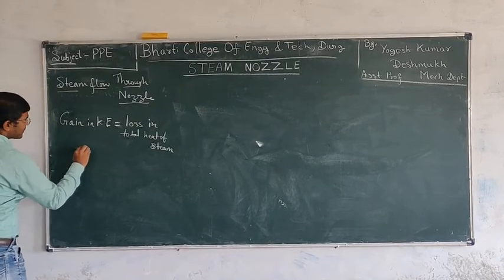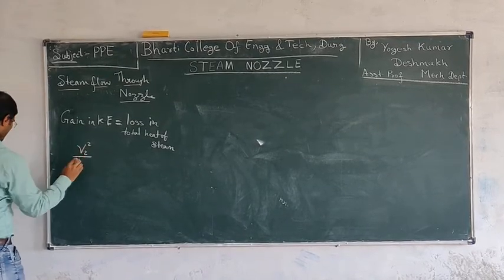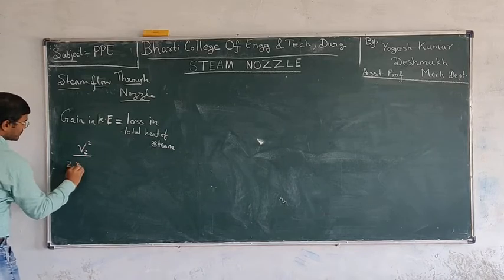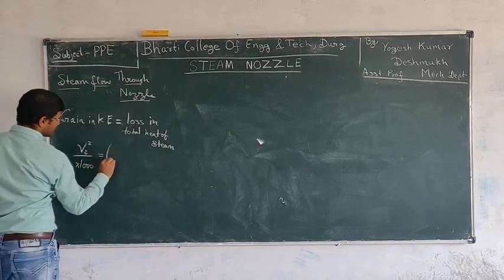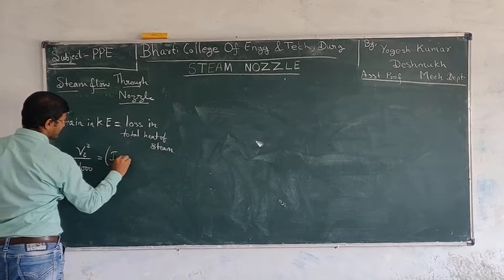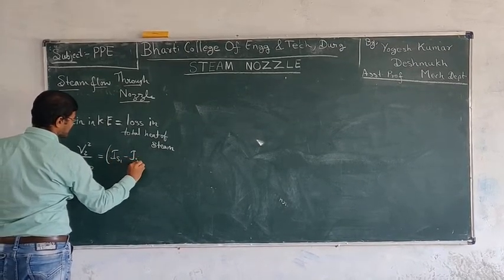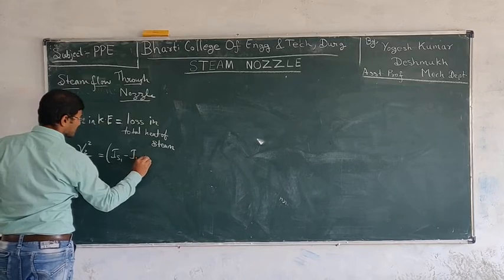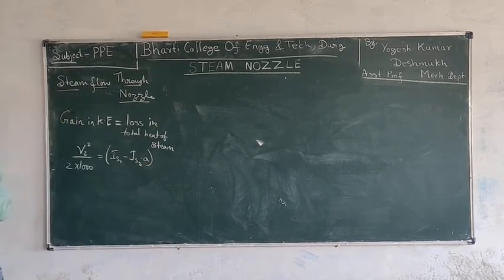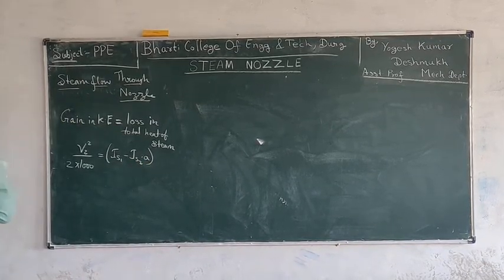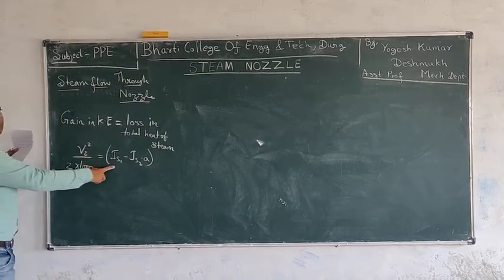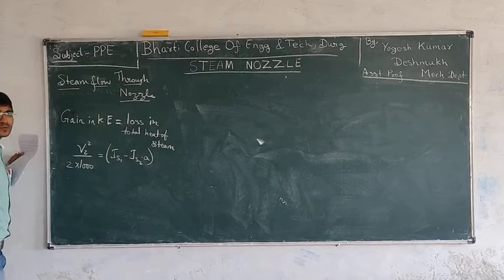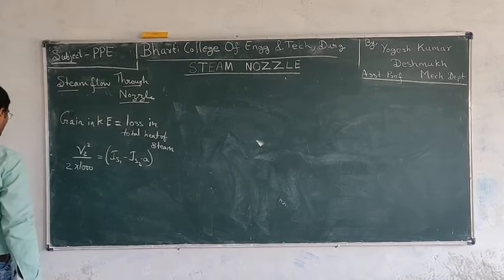What is the formula we get? V2 square upon 2 into 1000 equals IS1 minus IS2 into A. What are V2, IS1, IS2 and A?